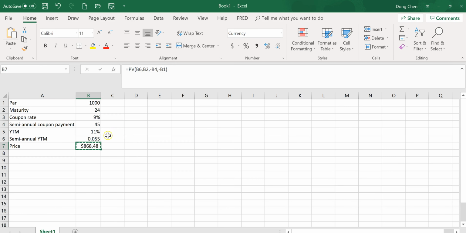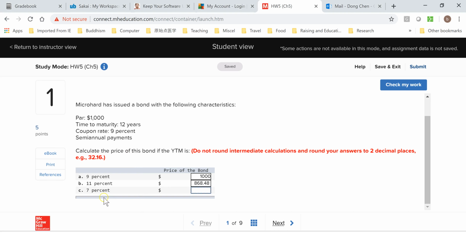Part C, let's continue. Again, I want you to realize that we can roughly check whether we got some number which makes sense. When the YTM is greater than the coupon rate, that's the case for part B. 11% is greater than 9%, hence the price has to be lower than the par value, and that's exactly the case.